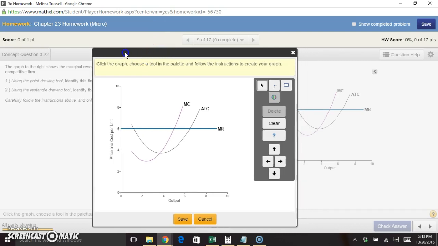So the first thing is to recall the definitions of each of these things. The average total cost is the average cost per unit of output, right?